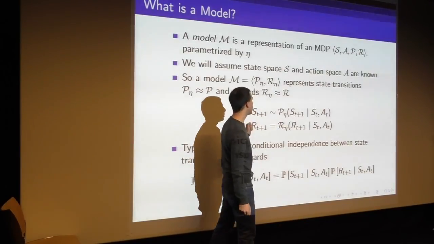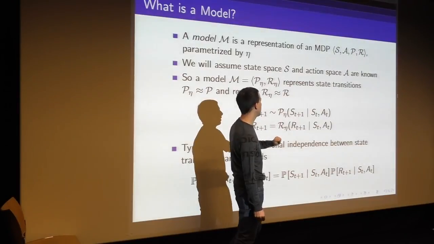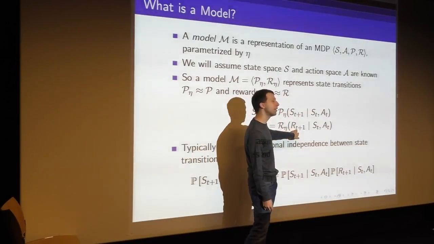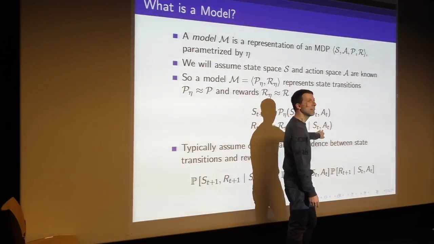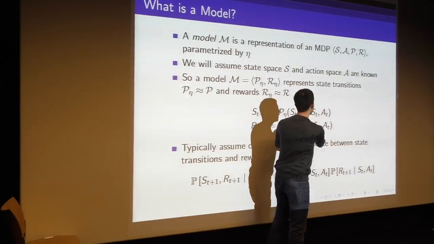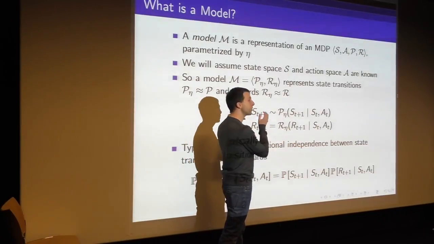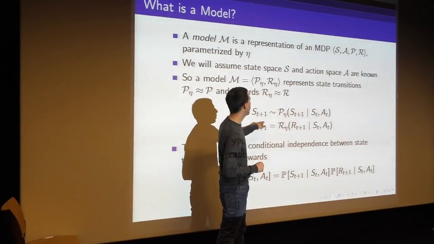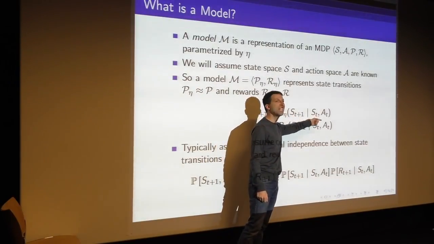But we also learn the rewards. And so the reward function is basically just saying, what will the reward be, the expected reward at the next time step, if I'm in some state and take some action. And so both of these are one-step models. You can do longer timescales as well. Here we're talking about one-step models. We're looking at what will happen at time step t plus 1 if I start in time step t.